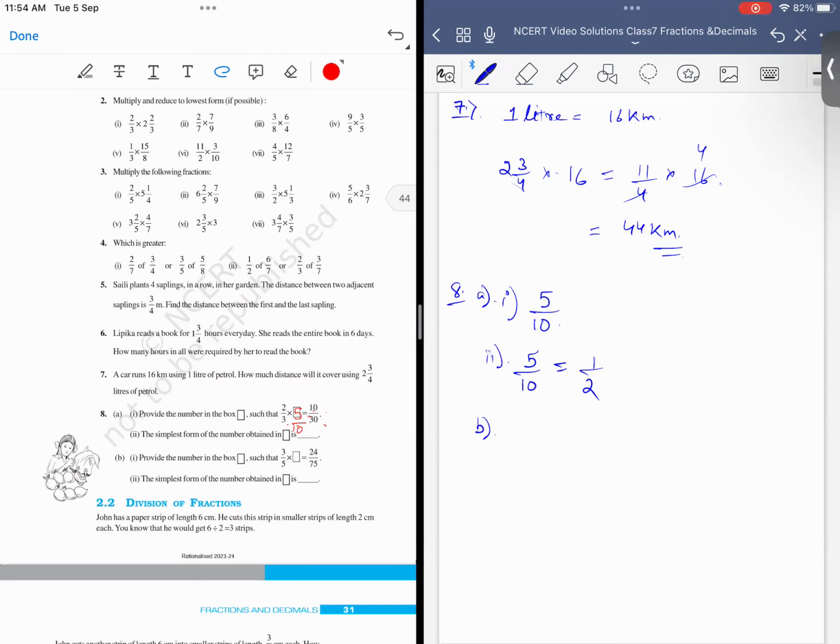Now 3 has to be multiplied by 8 so that the numerator in the resultant is 24, and the denominator in the resultant is 75, which means 5 has to be multiplied with 15. Only then. So 8 by 15 should be in the box. And what is the simplest form? It is already in the simplest form, 8 by 15.